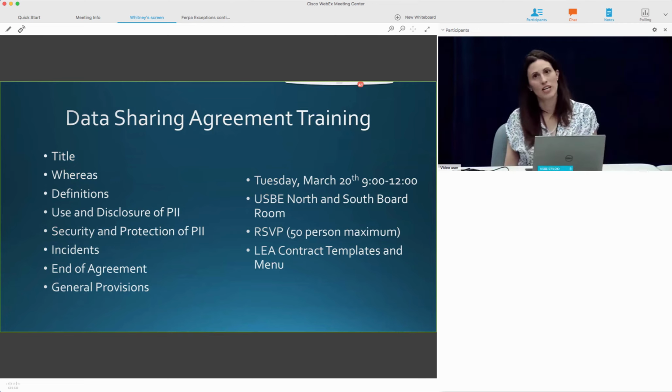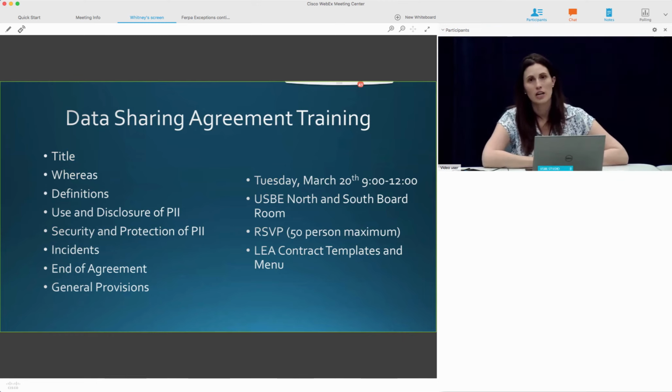For this training, we are very, very lucky to have Jill Stacy come out. She works for the Colorado Department of Education and has worked on data sharing agreements for the past 10 years. Bless her heart. She is going to be providing a training. The maximum capacity for this training is 50 people.